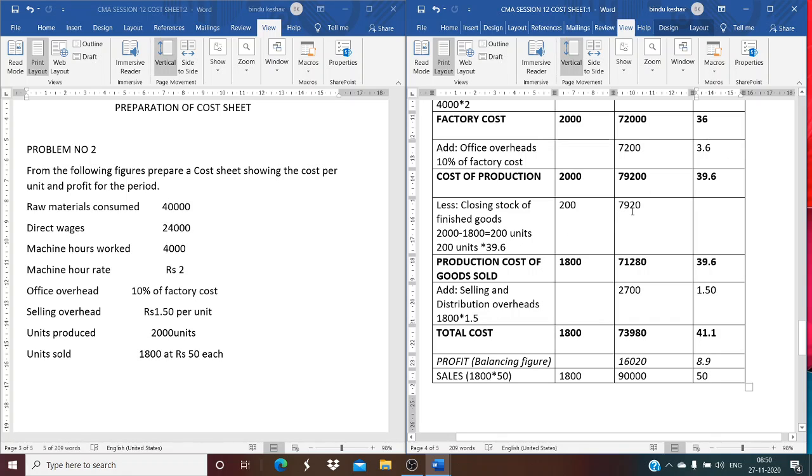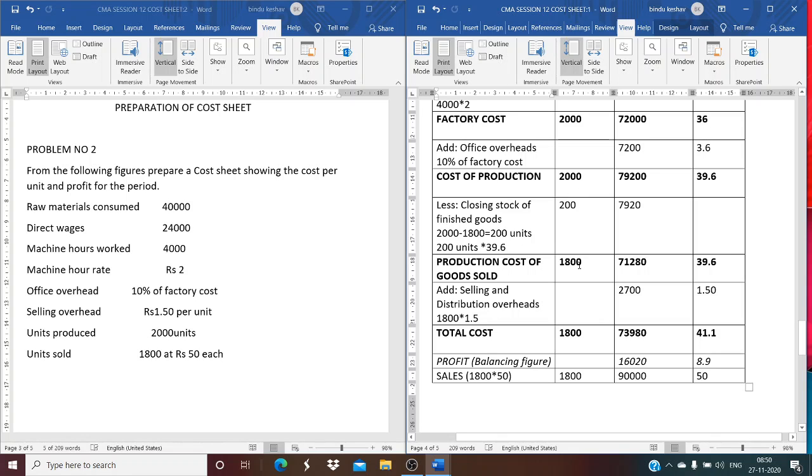So closing stock is 7,920. It is deducted, and now we got production cost of goods sold, 71,280. To that we have added selling and distribution overheads, which is 1.5 rupees for 1,800 units, and it's not for 2,000 units because we have not sold 2,000 units.